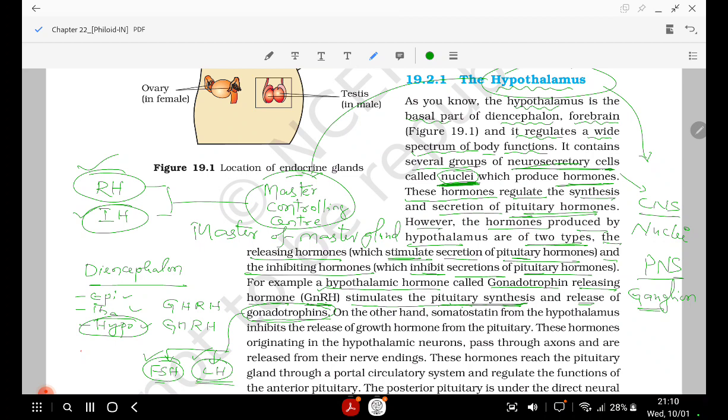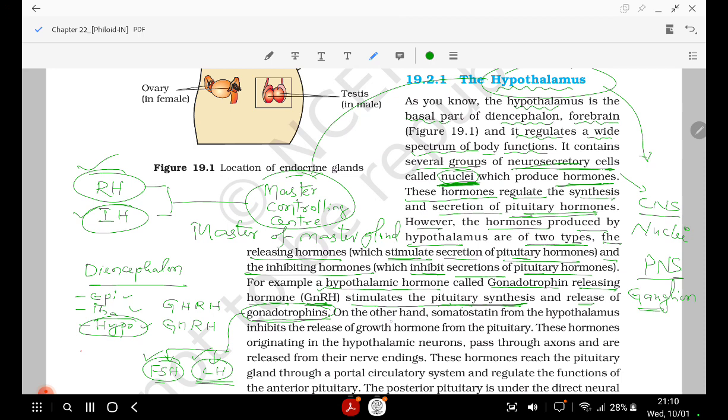So this is a stimulatory hormone from the hypothalamus, stimulating the pituitary gland for secretions of FSH, LH.